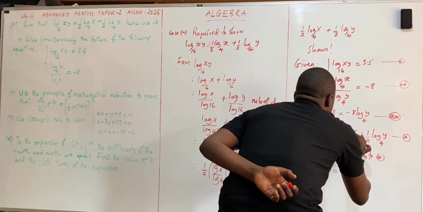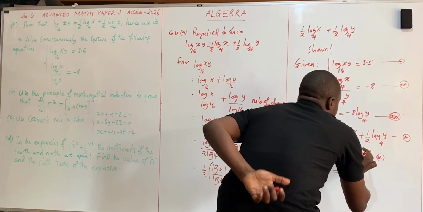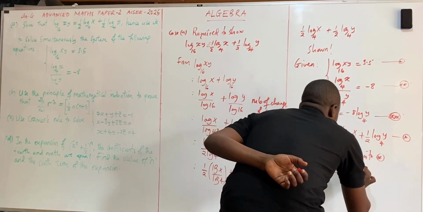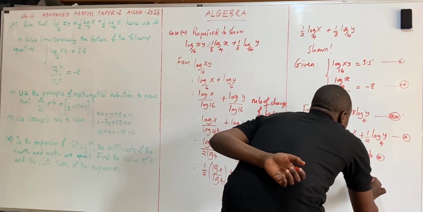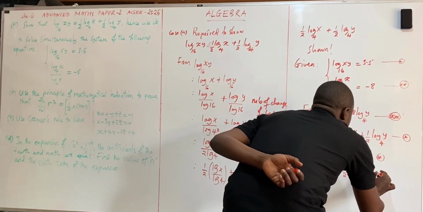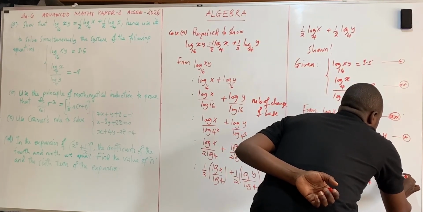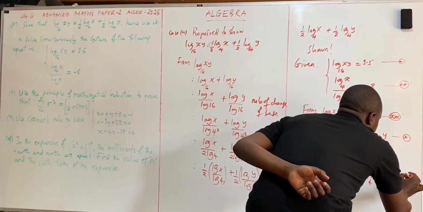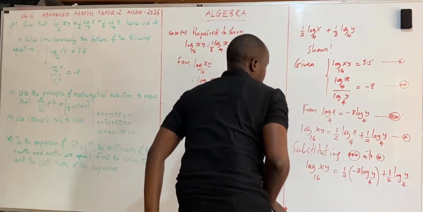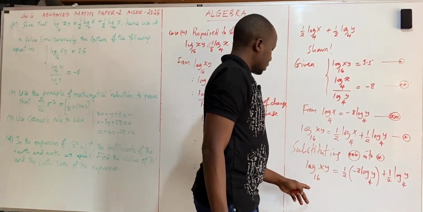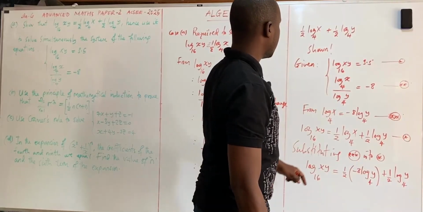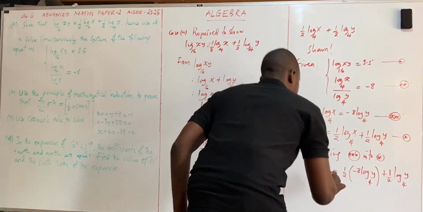Here we put the value: it is -8 log of y to base 4. Now brackets, we plus 1/2 log of y to base 4. But log of xy, the product of xy to base 16, we know it is 3.5.